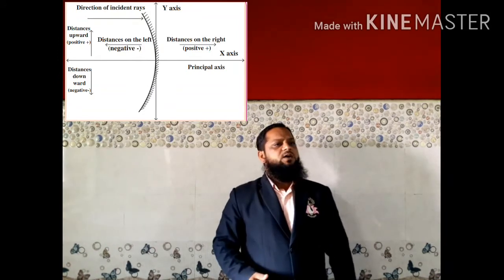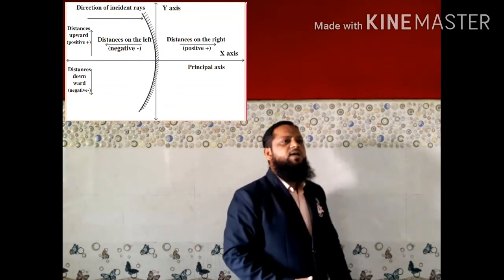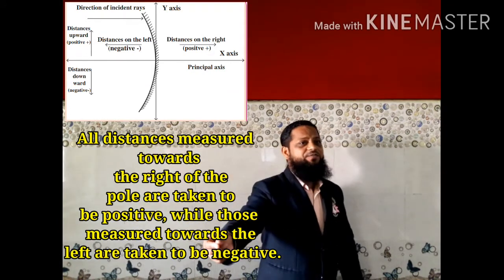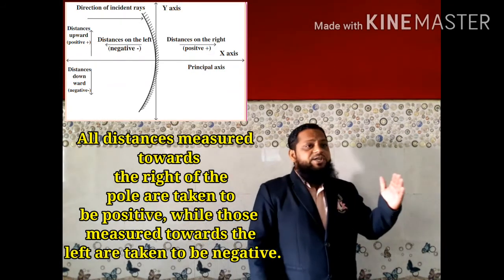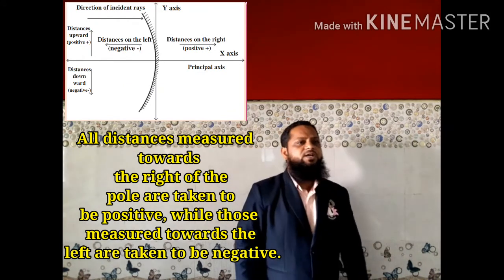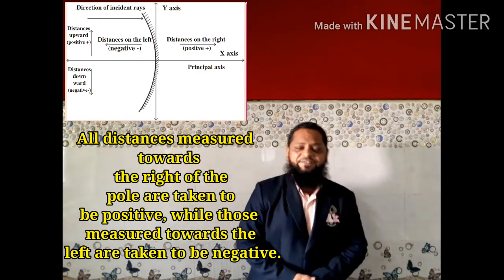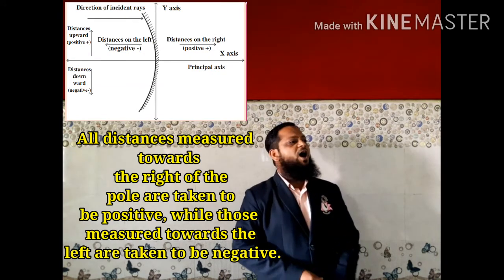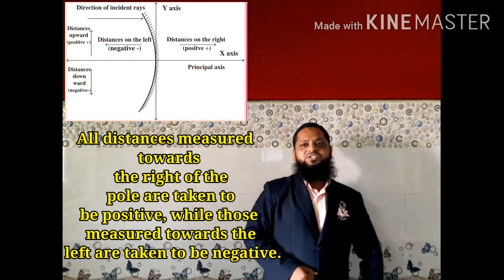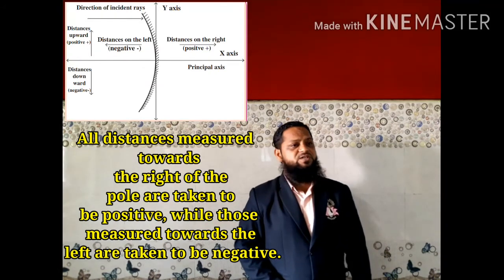Second, all distances measured towards the right of the pole are taken to be positive. Distances measured towards the left of the pole are taken to be negative. This is the second sign convention.